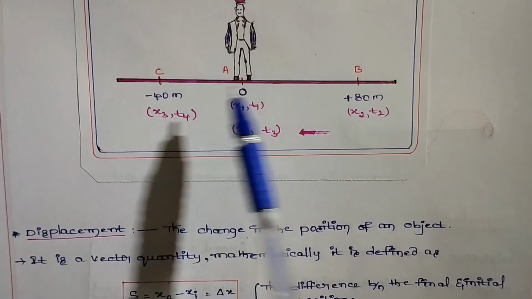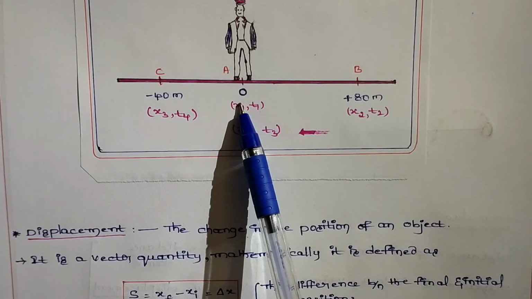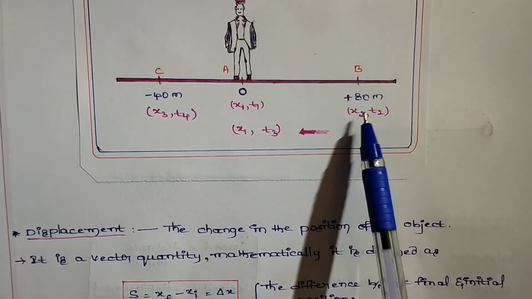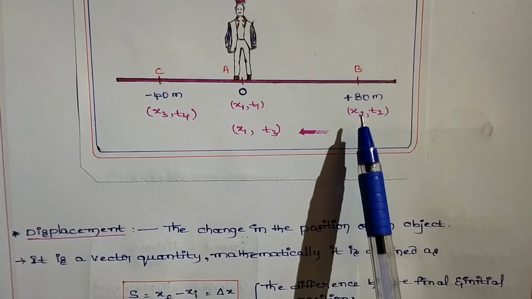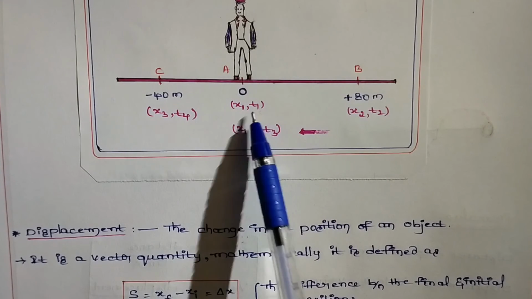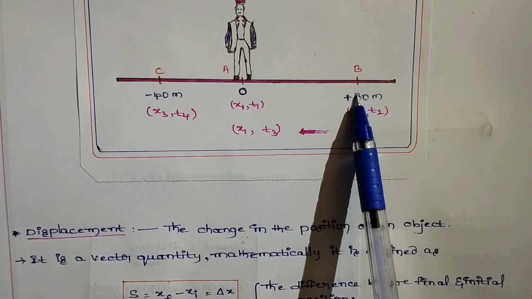Here from B to A, the change in the position is as follows. Before, this was the initial position and this was the final position.